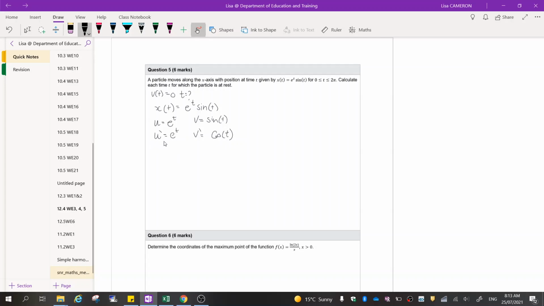So now I can plug this into my formula, that our new velocity function will be given by this one times that one, e^t cos t, plus this one times that one, sine t times e^t.